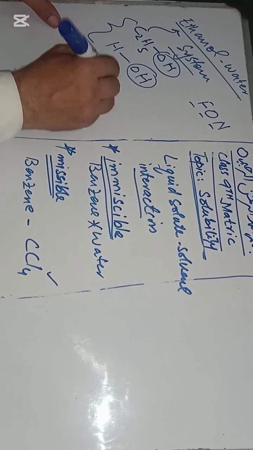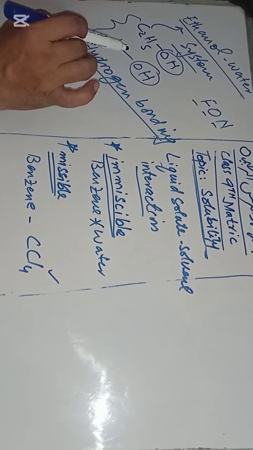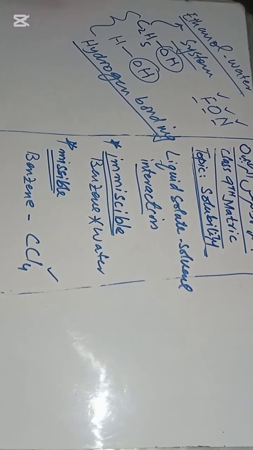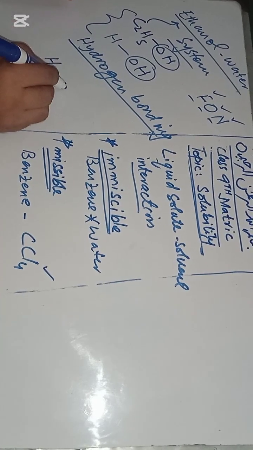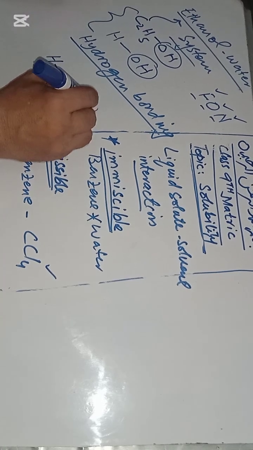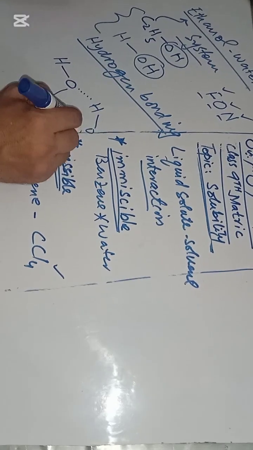Let me once again define the hydrogen bonding, though you have already done it in your bonding chapter. If the hydrogen in a molecule is covalently bonded with fluorine, oxygen and nitrogen, any of these three, then the oxygen or the negative part of one molecule will be slightly attracted towards the positive part of another molecule.